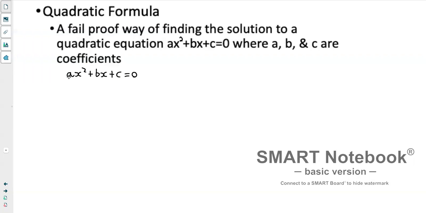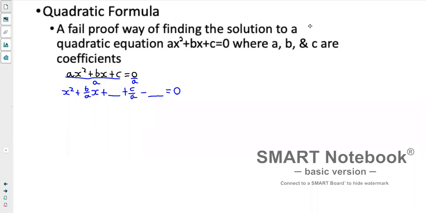So our very first step of coming up with our quadratic formula is to divide everything by a. So that's going to give us x squared plus b over a x. We'll put in our blank, so plus blank, plus c over a minus a blank is equal to 0.